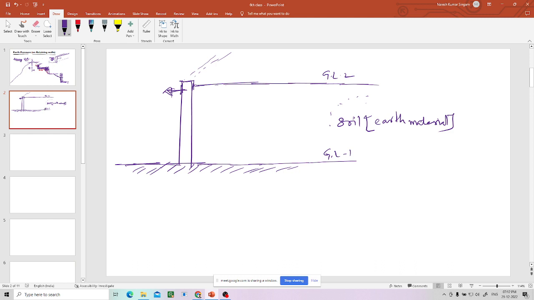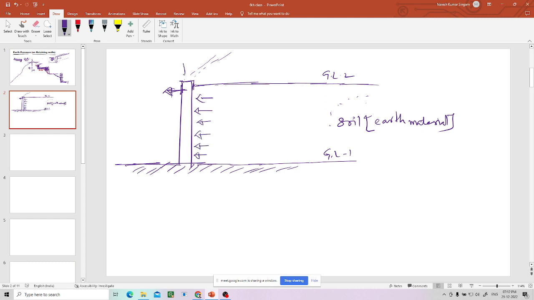So when it is trying to sustain, this has to sustain these loads which are exerted by this soil. So soil will exert pressure in this direction, right?